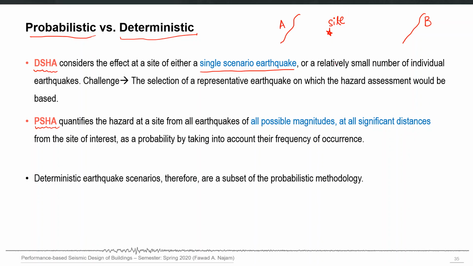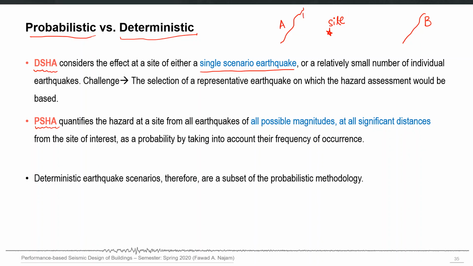So deterministic seismic hazard assessment is only based on one critical earthquake scenario, which will obviously be controlled by the closest fault and also by the maximum magnitude expected at that fault.